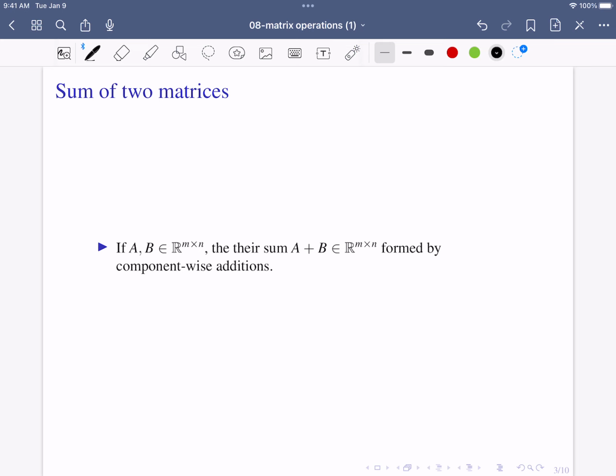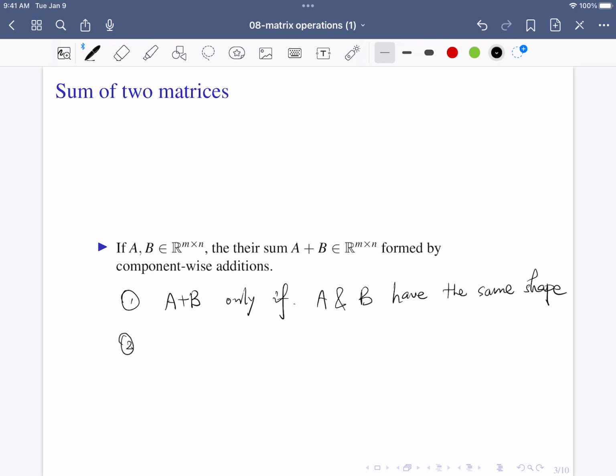One, A plus B makes sense only if A and B have the same shape. If two given matrices are different in terms of shape, then you cannot add them together.